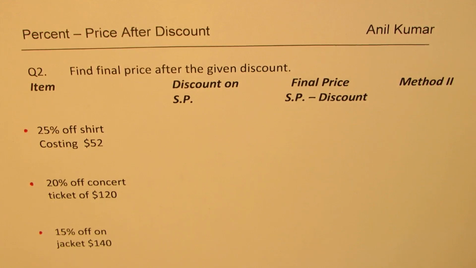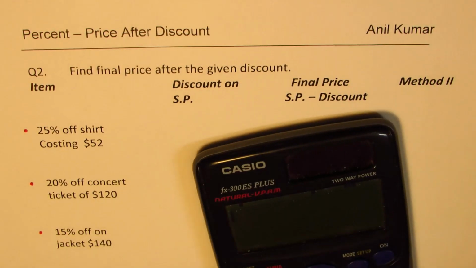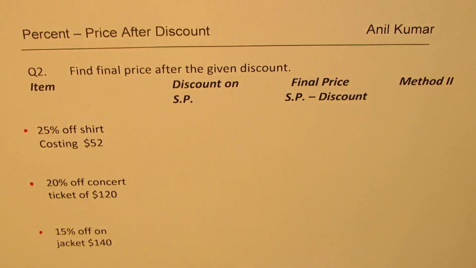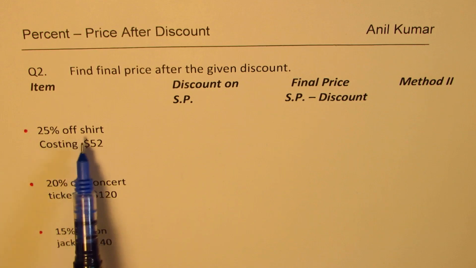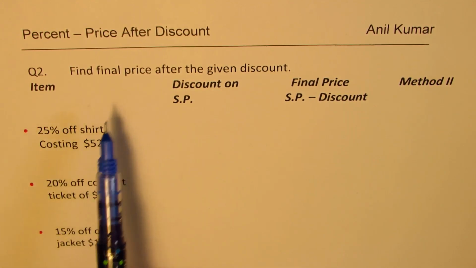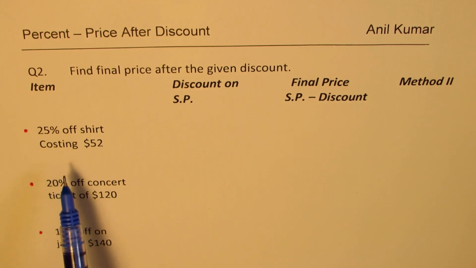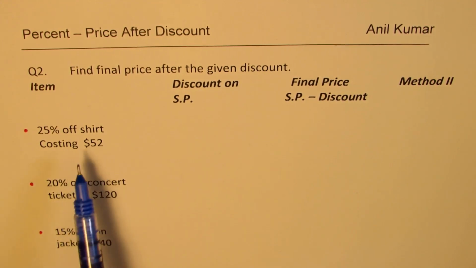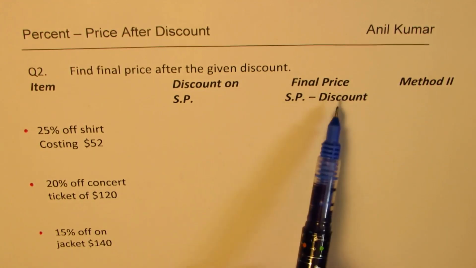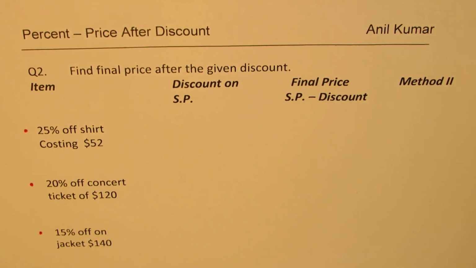However, you can always use calculator to do your calculations. Now, we are given 3 items here with % discount on their selling price. Always this discount is given on selling price, and then once the discount has been deducted, we get the final price which you pay to buy the material.